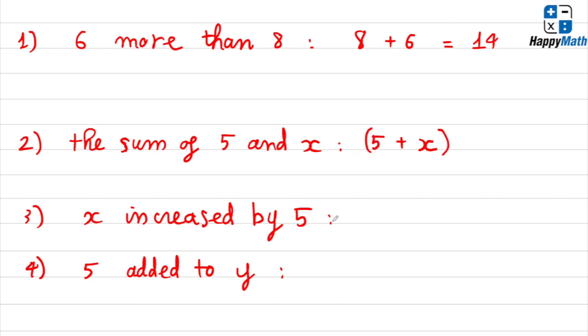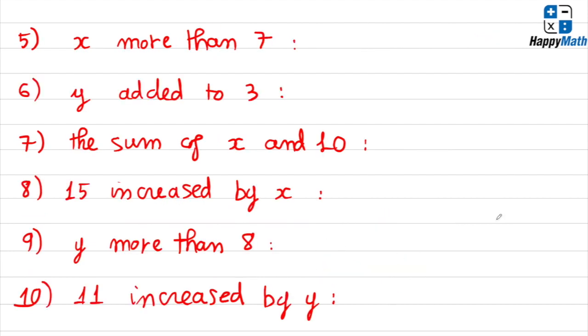8 increased by 5. Okay, the main number is 8. Increased by 5 means you add 5 more units: 8 plus 5. Okay, 5 added to y. 5 added to y means the main number, y, with 5 added to it, something like this.